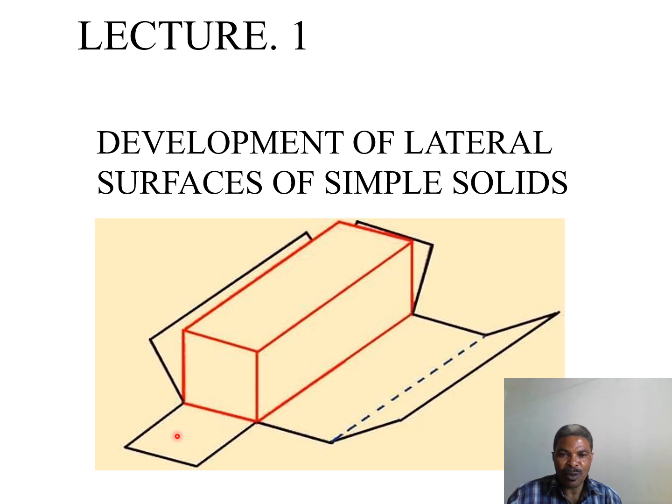This is the top part of it, and this is the bottom of it. And the two sides have been unfolded here and here. So this is how one can have the development of the lateral surfaces for a simple solid object.